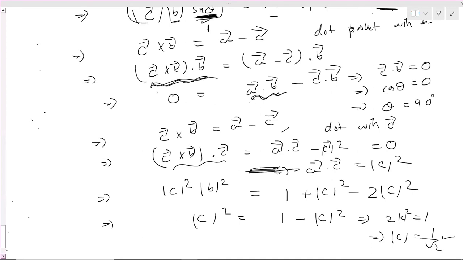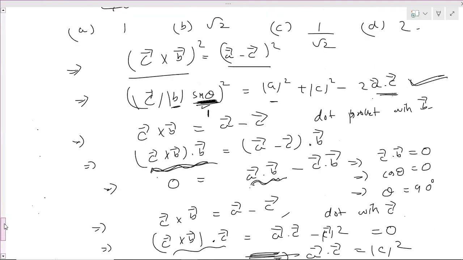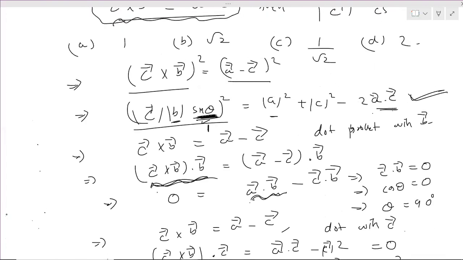So can you repeat that last two steps? Last two, all right. This we got from this equation. From here, we know sin theta is 1. So mod C square, mod B square on the LHS, mod B square is also 1. So on the LHS, all we have is mod C square, right, Krishna? Yes, sir.